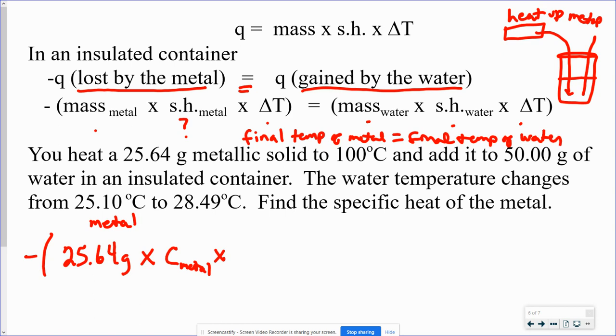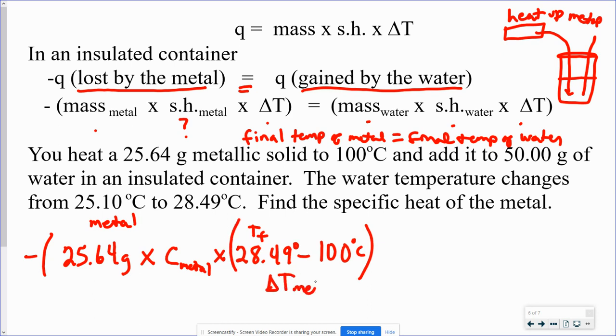So the metal's changing from 100 to 28.49 degrees. So that's the final temperature minus the initial temperature was 100 degrees. Okay, so that's the change in temperature of the metal.